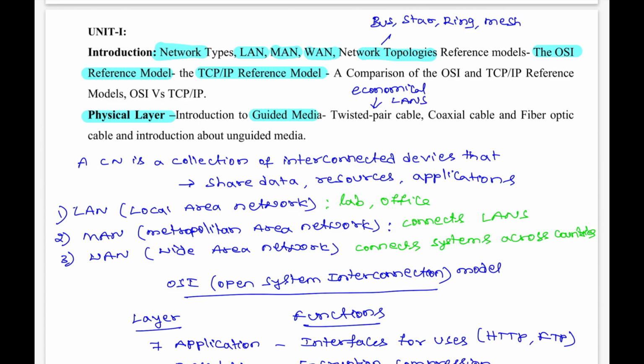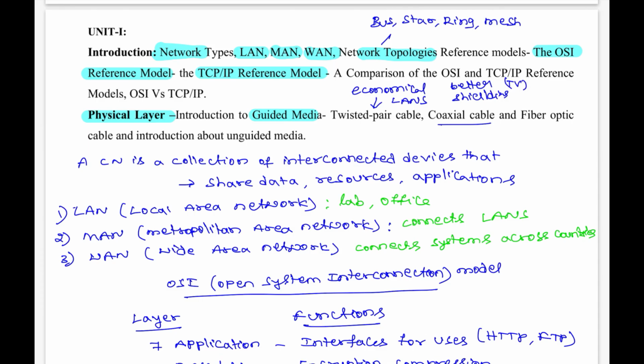The second one is the coaxial cable. This cable offers better shielding, so it is recommended in TV and broadband.